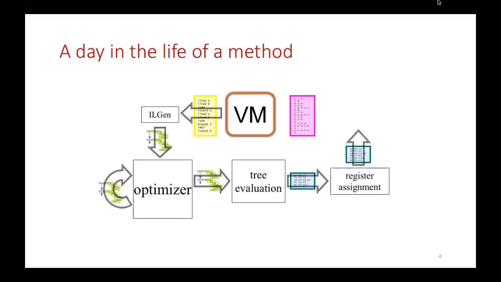Then we go through a very platform-specific register assignment phase where we take those virtual pseudo-registers and map them into real machine registers. Then you go through a binary encoding phase, which does a lot of the last-minute things where you take that and map it into a buffer that's executable. And you pass that compiled method back to the virtual machine and say, go, please execute it. So that's the process at a very high level.